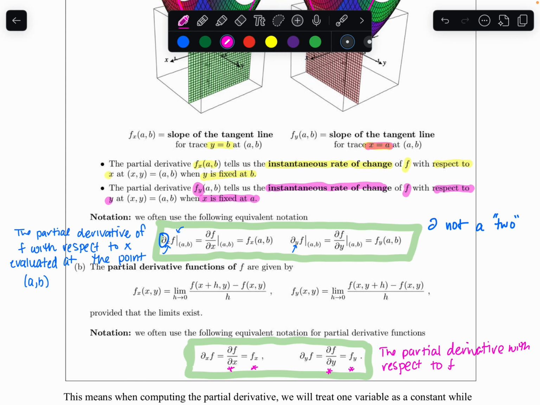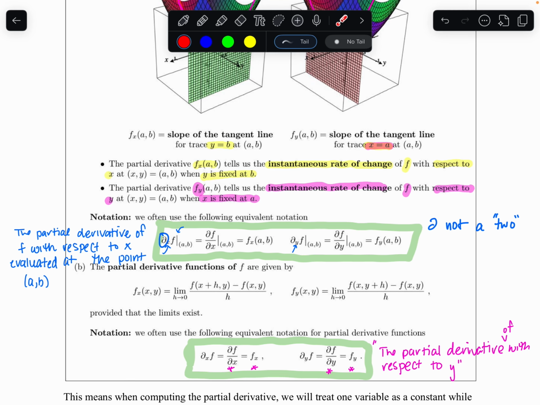Partial derivative, of f with respect, oh my goodness, to y. Look at me dropping parts of my sentences. Right, so let's work on that. Right, so let's kind of say it together. The partial derivative of f with respect to x, the partial derivative of f with respect to y.